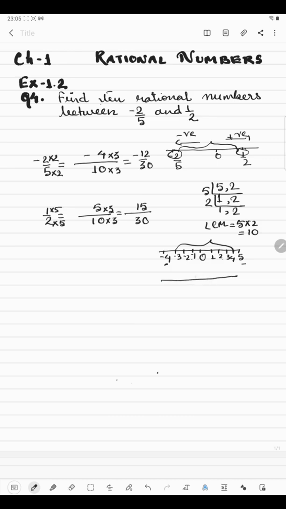So if I draw the number line, suppose here is minus 12 and here is 15. So here we will get almost 11 negative rational numbers, and here we will get 14 rational numbers. So that means we are getting more than 10.